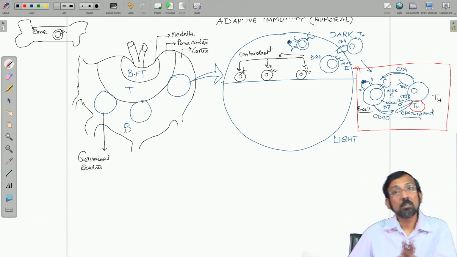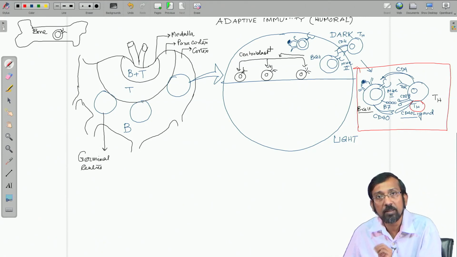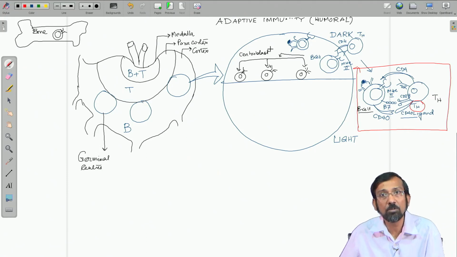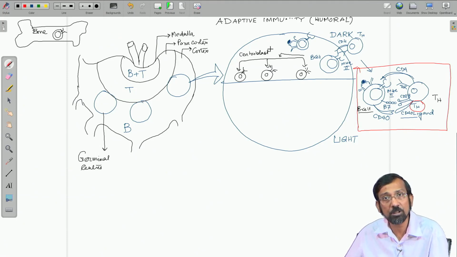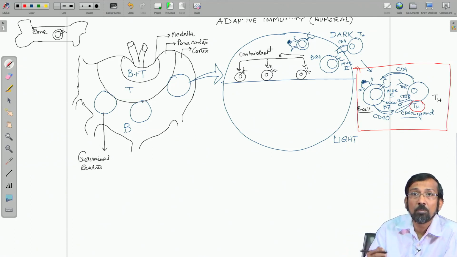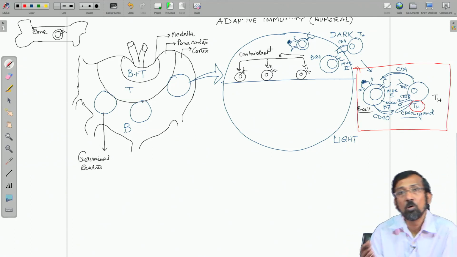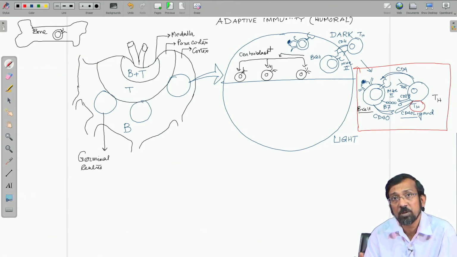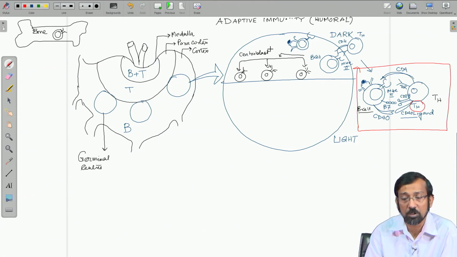So, now these centroblasts start to proliferate, and in between they have this somatic hypermutation, with mutations in the variable regions, and by that they become either high affinity or low affinity. They express high affinity or low affinity antibodies.